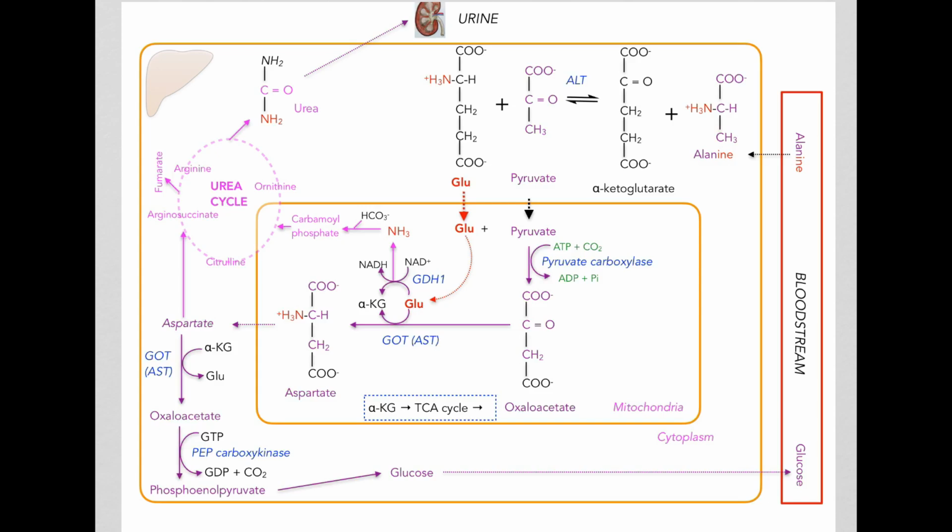So now we have the pyruvate carbons that came really from the skeletal muscles, in the form of oxaloacetate. In the next reaction, the oxaloacetate will react with glutamate, and that gives you alpha-ketoglutarate and aspartate. And this reaction again is a transamination reaction, in this case catalyzed by aspartate transaminase.